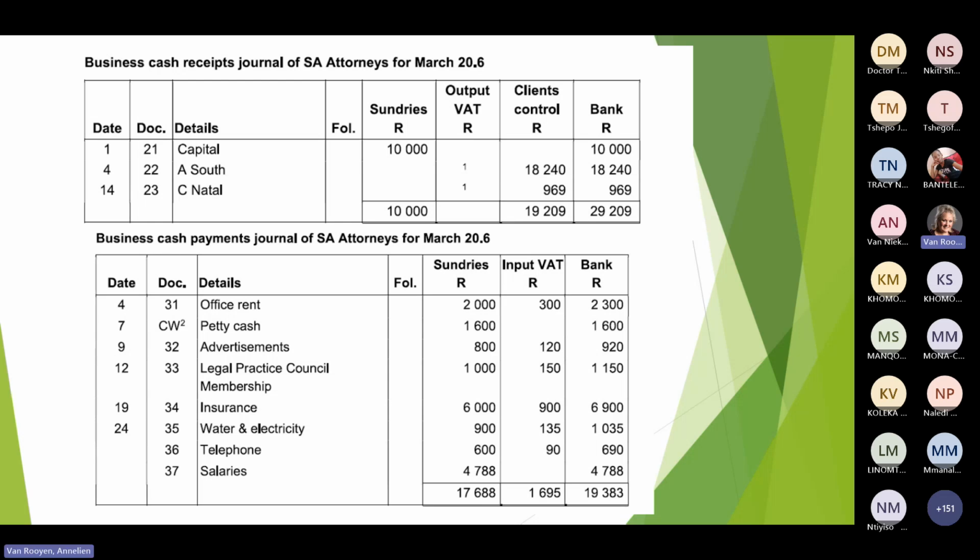You will only have a client's control column if you do the trust account, the trust cash payments journal, because your business cash payments journal won't have a client's column. You will have normal expenses in there. Whereas with your trust money, you pay things on behalf of your client. So then you will have a column for that. Okay, thank you, ma'am.